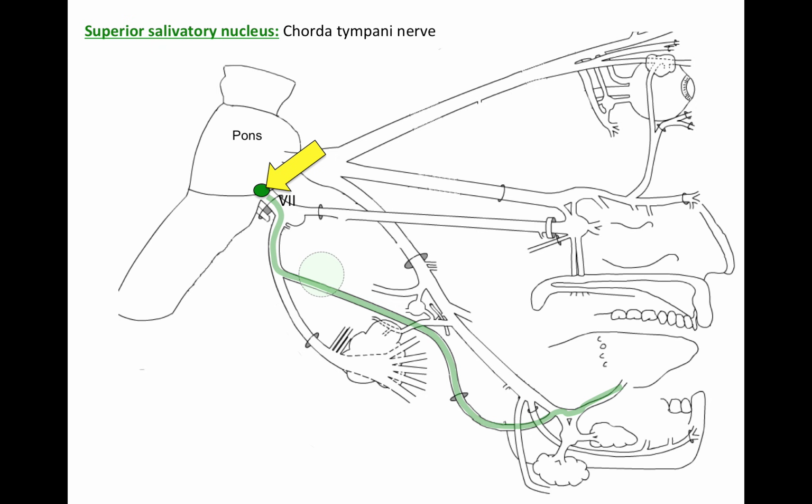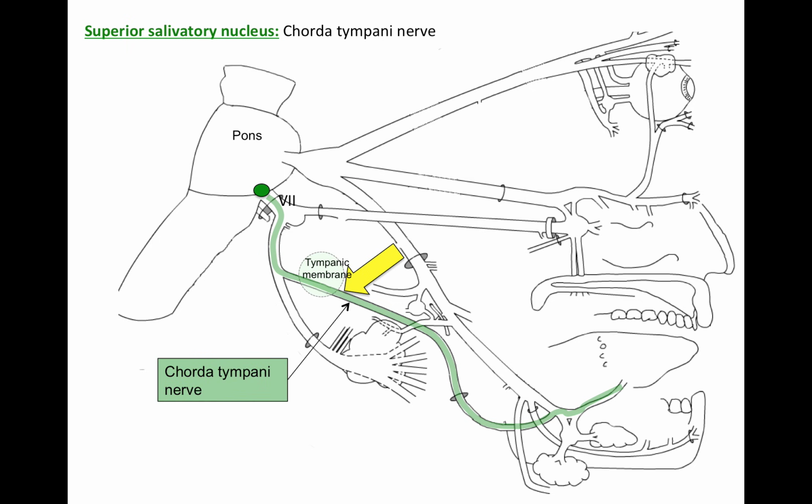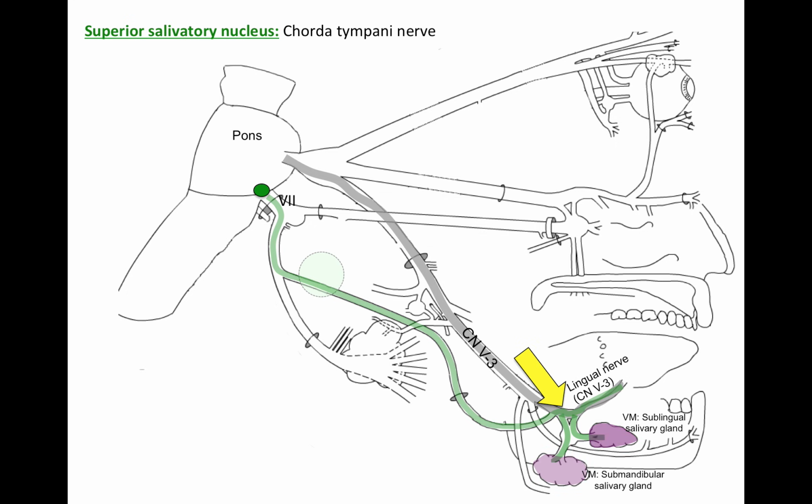Now, one of the branches that axons from the superior salivatory nucleus are going to follow is called the chorda tympani nerve. So we see that yellow arrow goes through the internal acoustic meatus into the petrous part of the temporal bone, and then the yellow arrow shows there the chorda tympani branch from the facial nerve. It's called that because it makes a chord along the tympanic membrane, and then it courses into the infratemporal fossa and hitchhikes on the lingual nerve branch of V3, the mandibular branch of the trigeminal nerve.